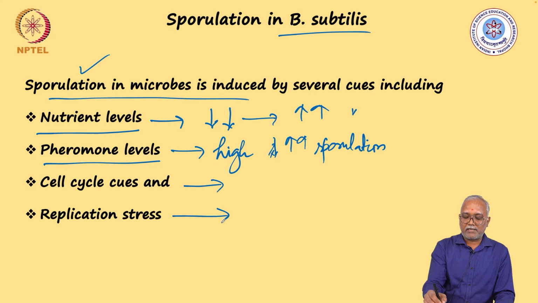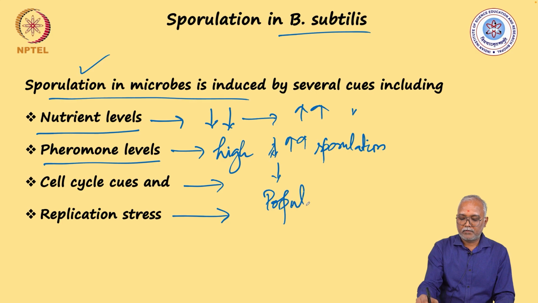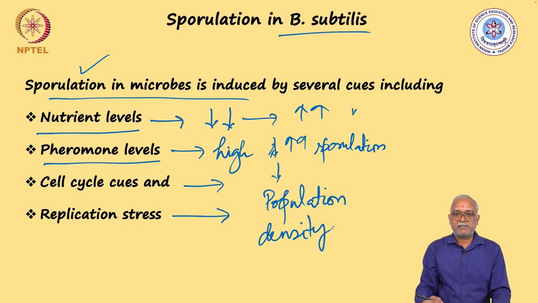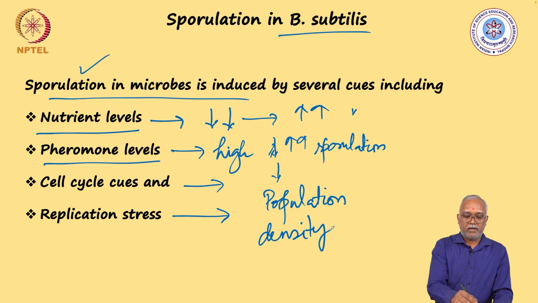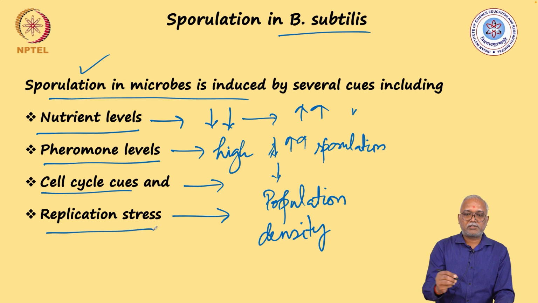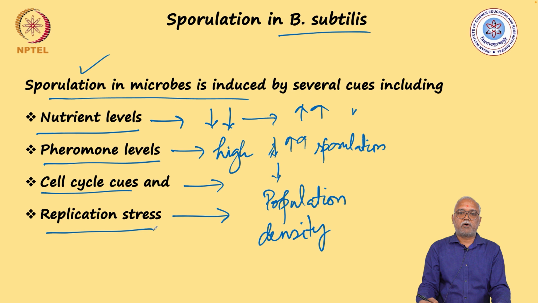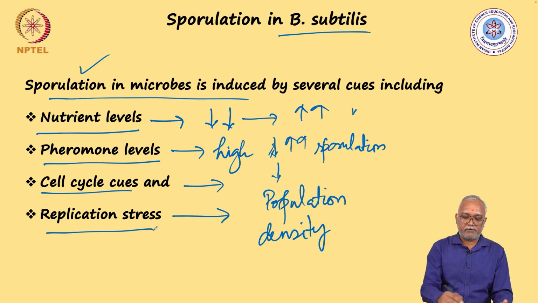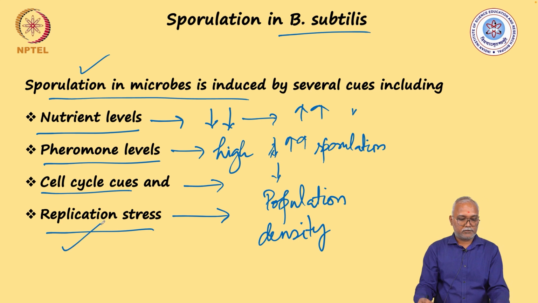The pheromone levels can also be connected with the population density. So all in all, you understand that bacteria are sensing the presence of nutrient, the pheromone, cell density, something which is telling whether to divide normally or not divide and undergo sporulation, or a stress which might be there because of the presence of some molecule, some entity which is affecting the replication process.